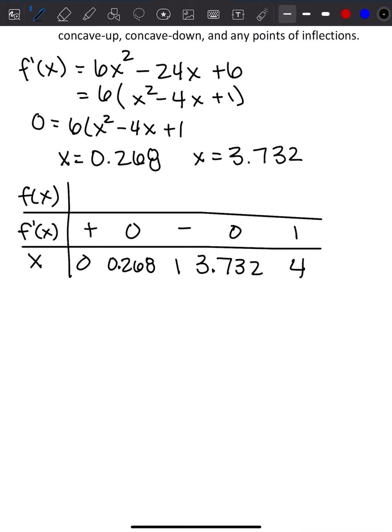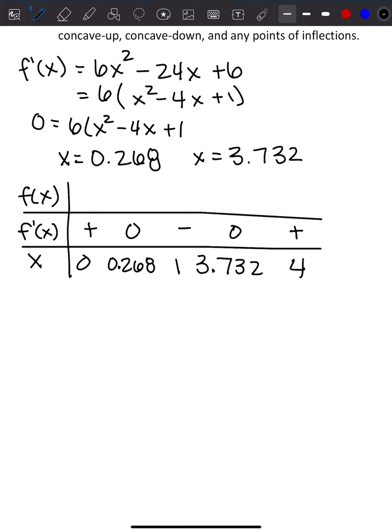If I do the right math for this, we have 16 times 6, because it's 4 squared, which is 96. 4 times 24 also happens to be 96, so those cancel each other out, and then we add 6 to it, which means we are going to have a plus 6.